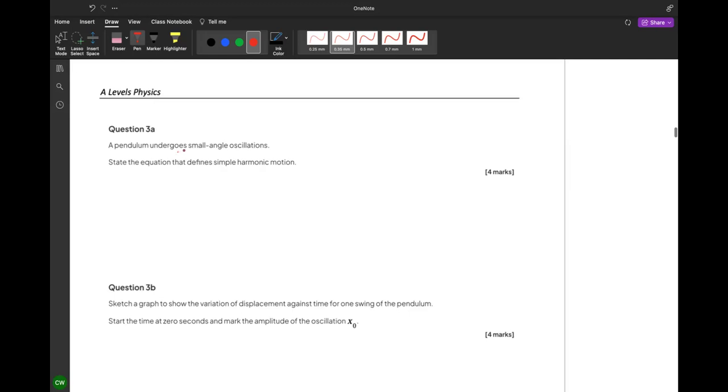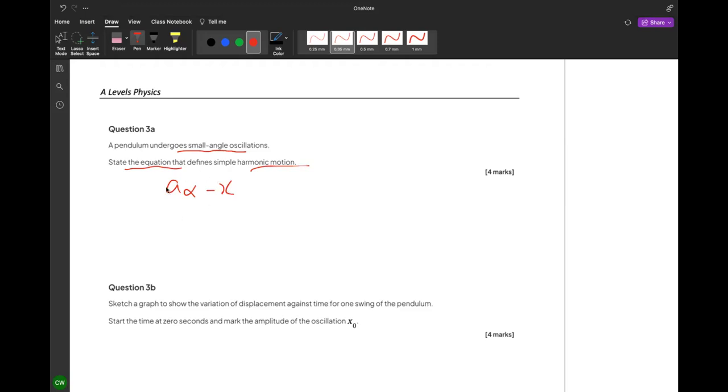Okay. A pendulum undergoes small angle oscillation. State the equation that defines simple harmonic motion. 4 marks. What is the equation for simple harmonic motion? A equals what? A directly proportional to negative S. Okay.